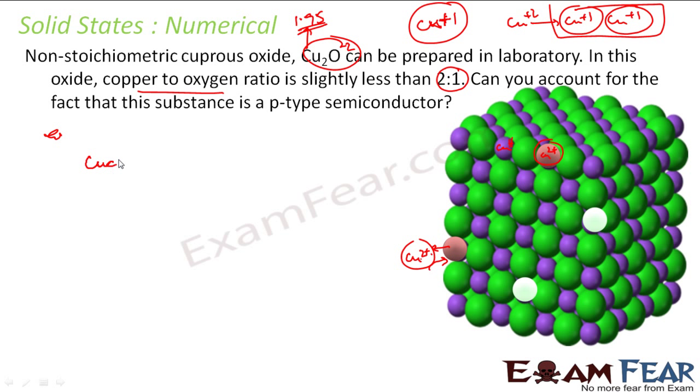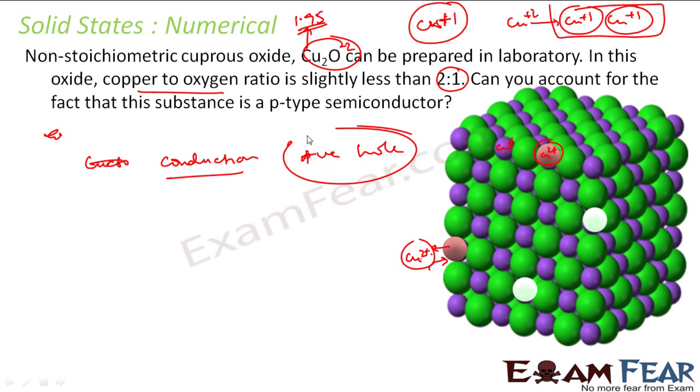So conduction will happen because of positive holes, correct? Since we have positive holes here, it is p-type conduction, correct? With that we can say that yes, actually it is a p-type semiconductor.